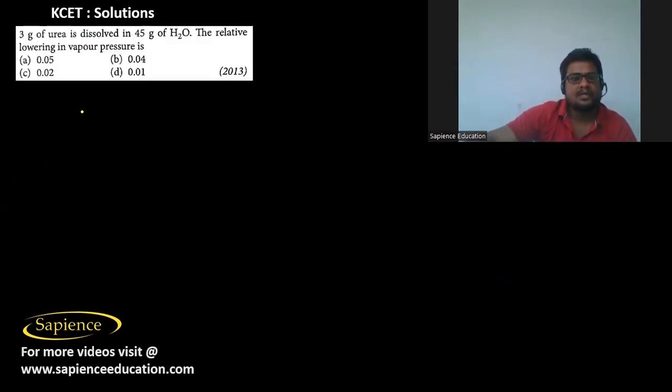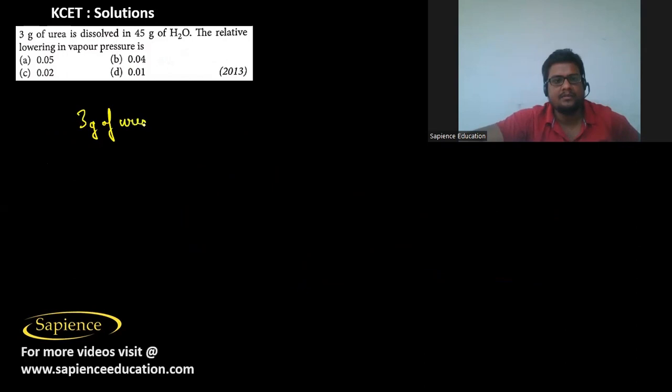Then it is told 3 gram of urea is dissolved in 45 gram of H2O. The relative lowering in vapor pressure is?